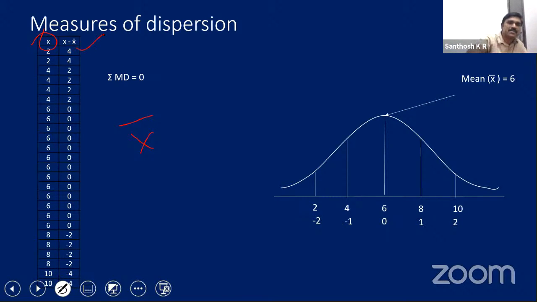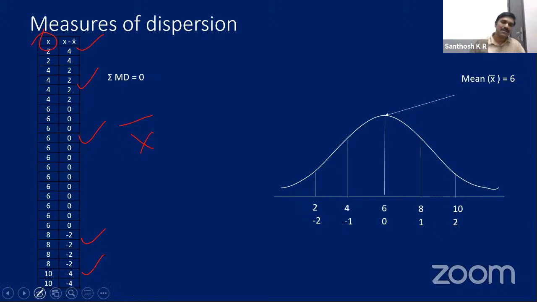Here 6 minus 2 becomes 4. Here 6 minus 4 becomes 2. Here 6 minus 6 becomes 0. Here 6 minus 8 becomes minus 2. And 6 minus 10 becomes minus 4. And if we add all the mean deviations, what happens? It becomes 0.